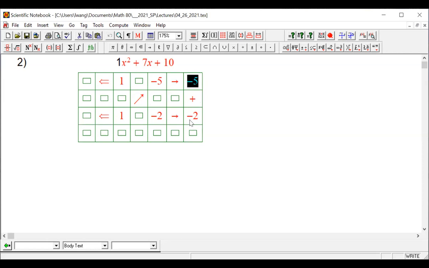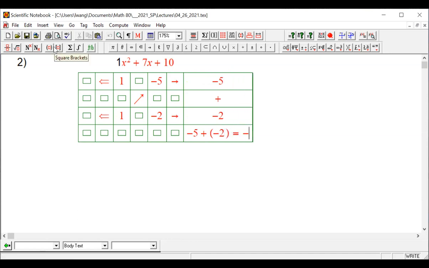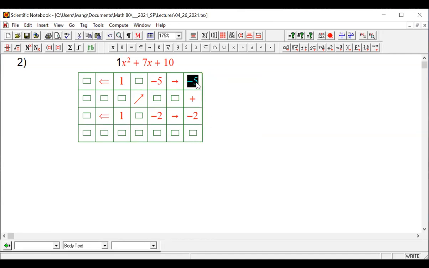And we add these two numbers, -5 plus -2, and the answer is -7. We take this number and compare it with the number in front of x, and we certainly don't have a match. Factoring is always trial and error. This doesn't work, so we go back and redo the whole thing.